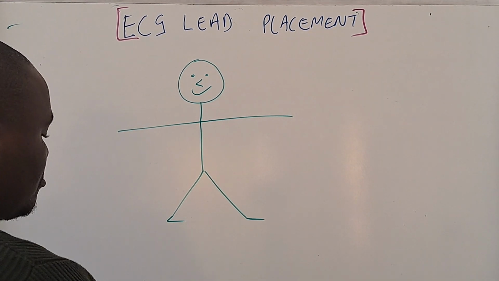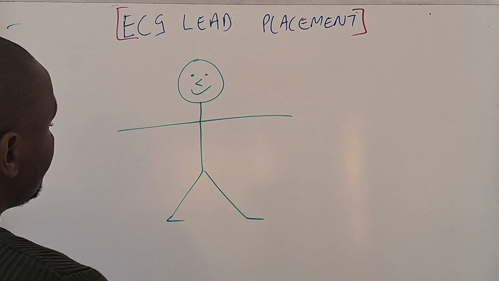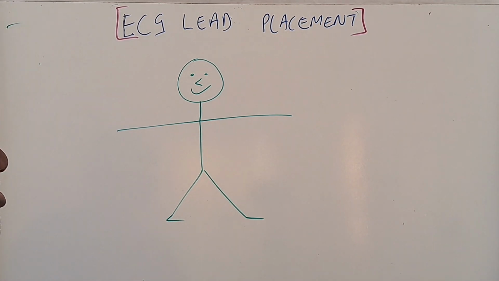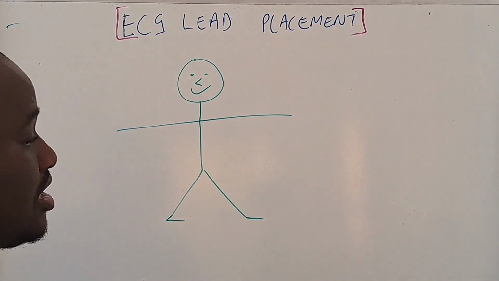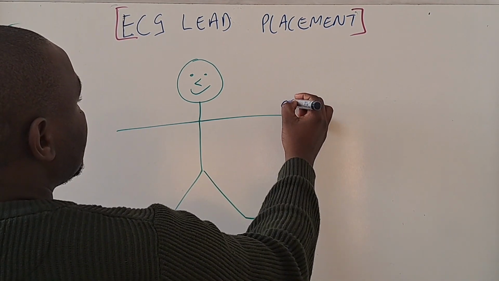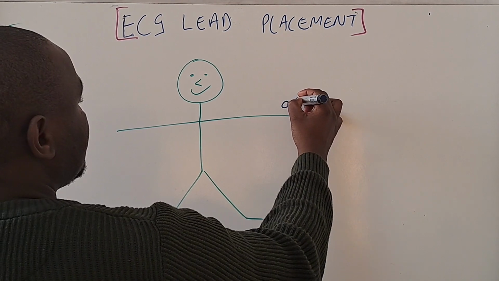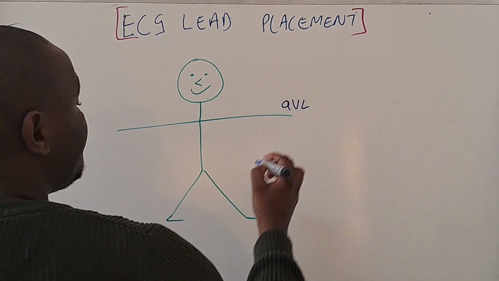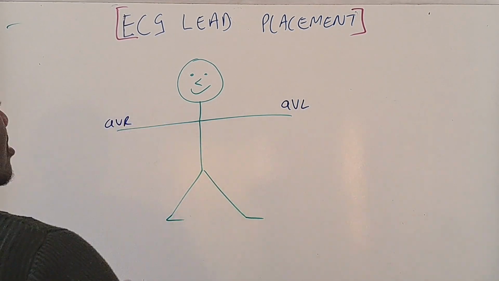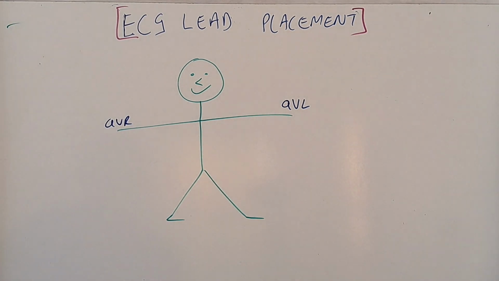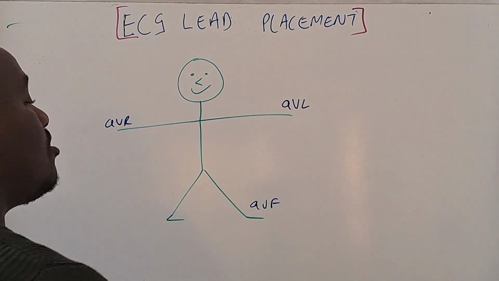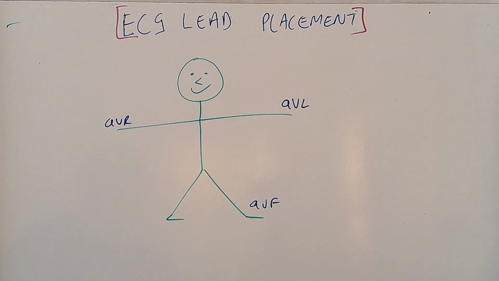Now, when you place your leads, the machines that we have now are quite simple. They just tell you everything. If you read there, you'll see that there's one marked AVL, so it's going to be on the left side. Then the AVR is going to be on the right side. And then the AVF is going to be on the left foot, on the left leg.